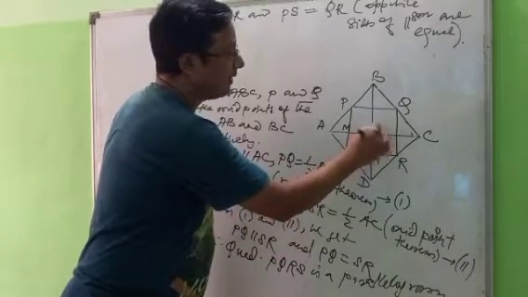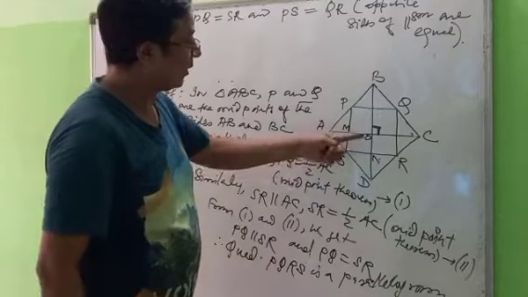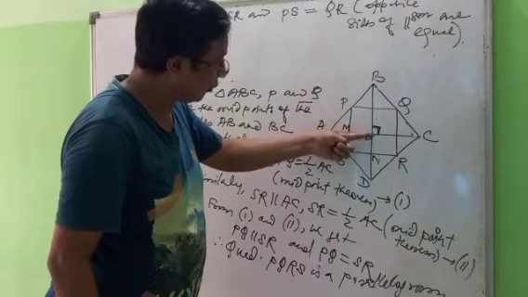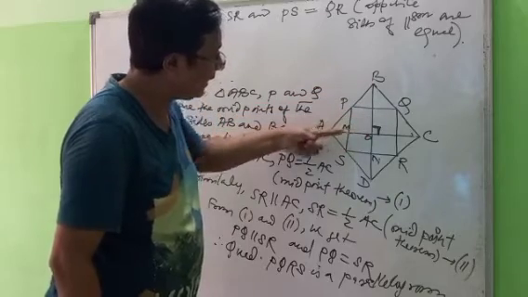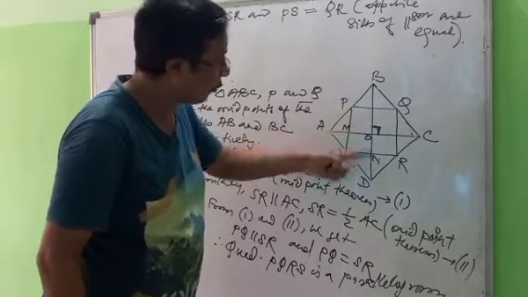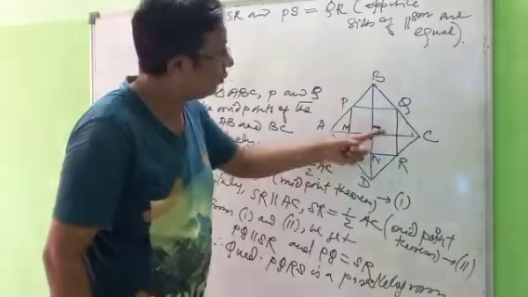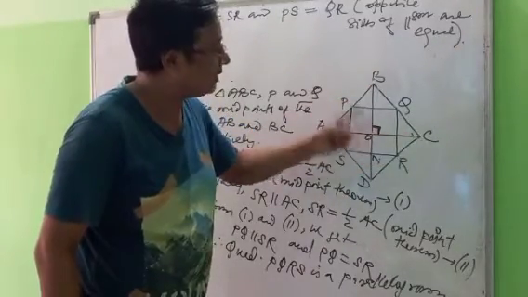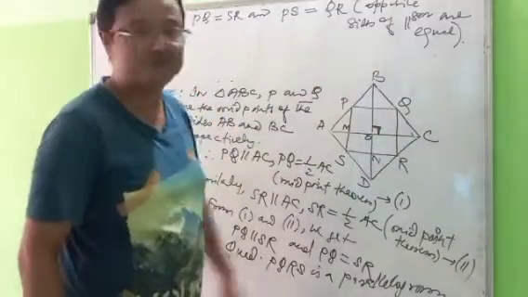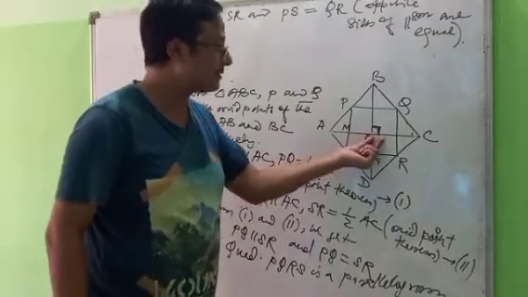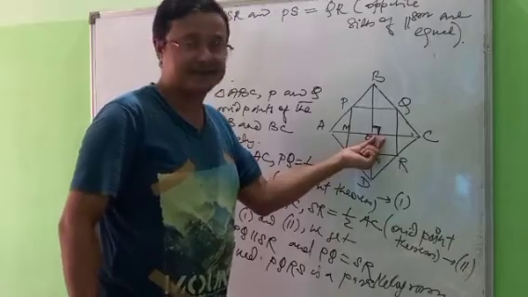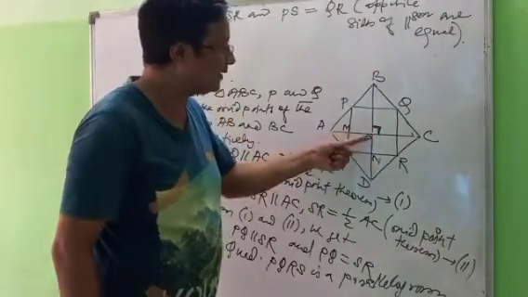So that means at this point O, either BOA is 90 degrees or AOD is 90 degrees, DOC is 90 and BOC also is 90, because the diagonals of a rhombus bisect at 90 degrees. So that is why here you will get 90 degrees.